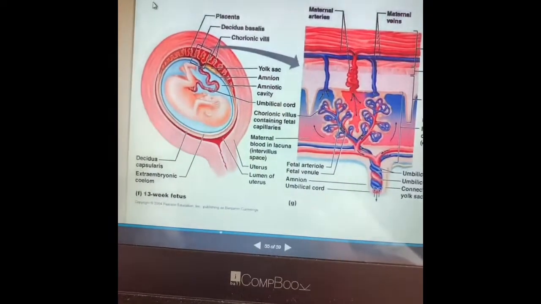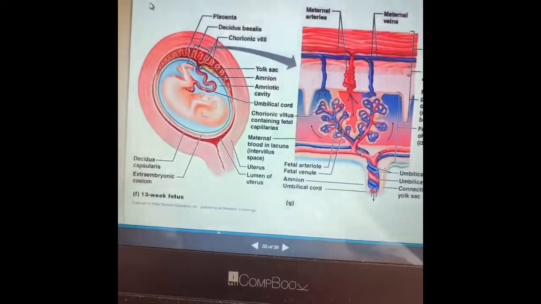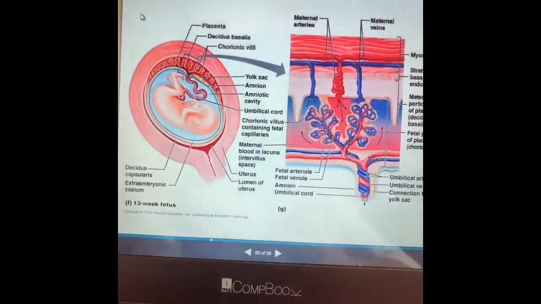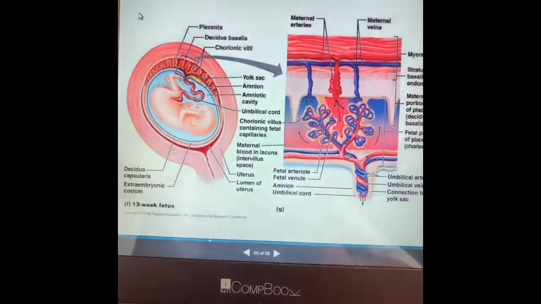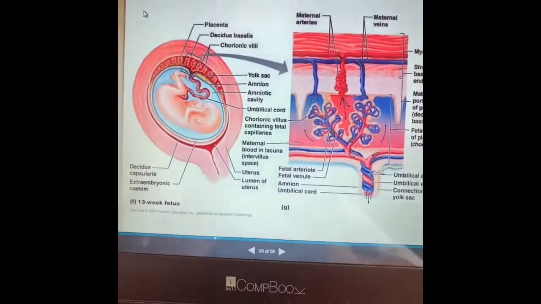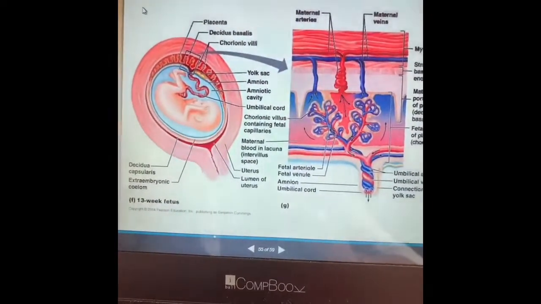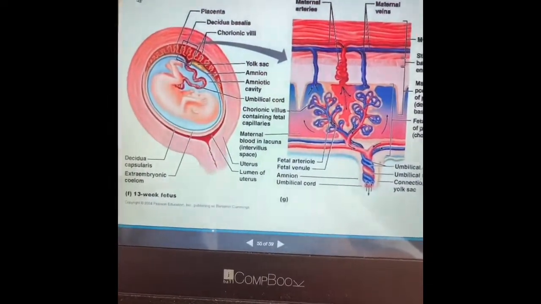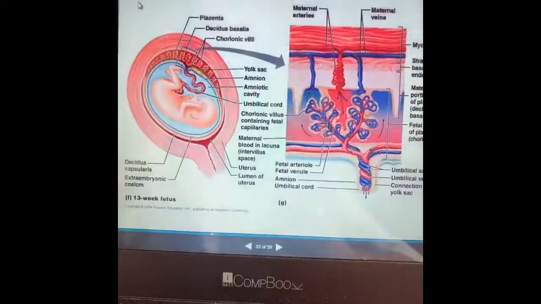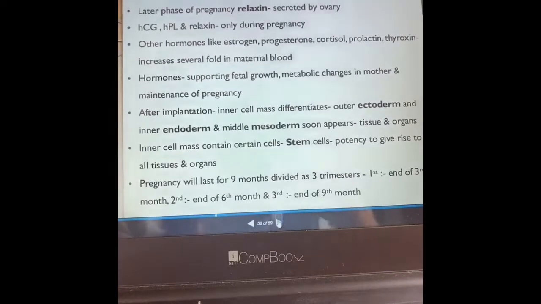First movement of the fetus and appearance of hair can be observed in the 5th month. By the end of 24 weeks, the body is covered with fine hair. Eyelids get separated, eyelashes are formed, and by the end of 9 months, the fetus becomes fully developed and is ready for delivery. You all can go through these points.